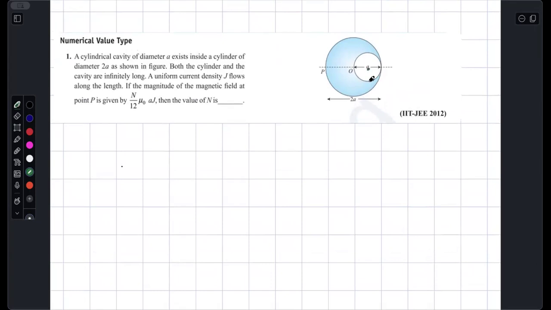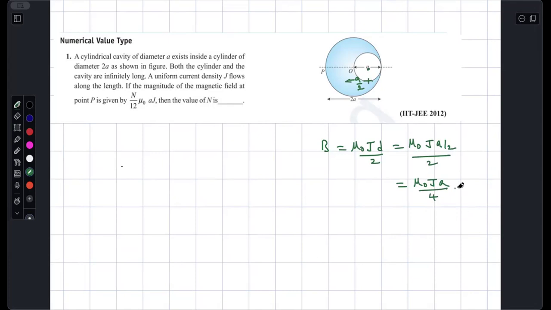The center is A by 2. Just now we have given field is mu naught J T by 2. Mu naught J, D stands for A by 2 by 2. Mu naught J A by 4. Mu naught J A by 4.